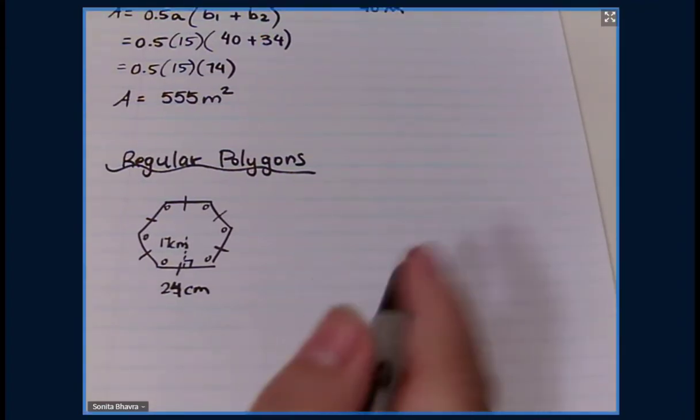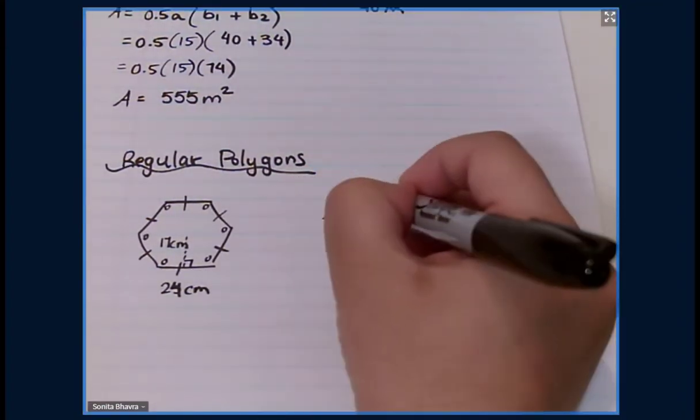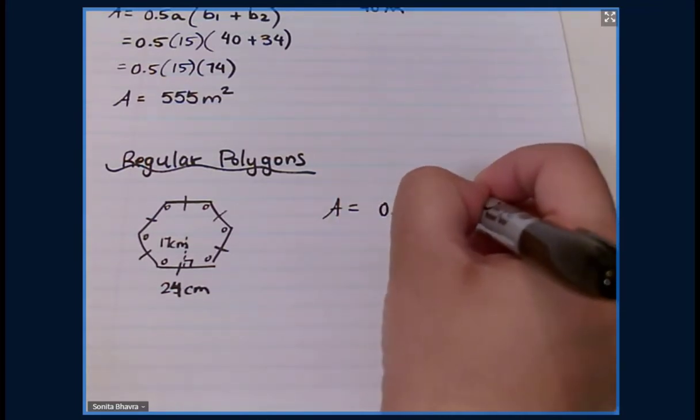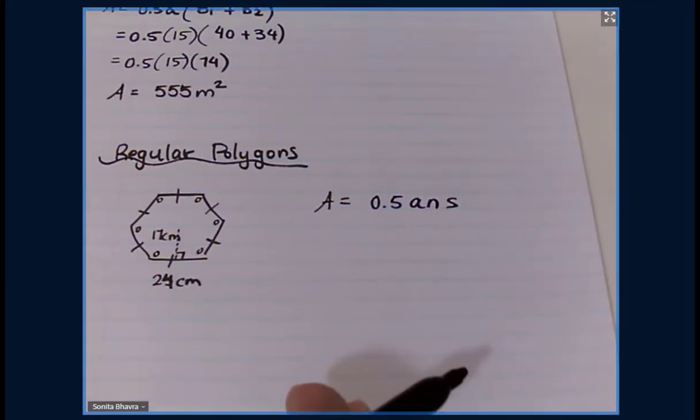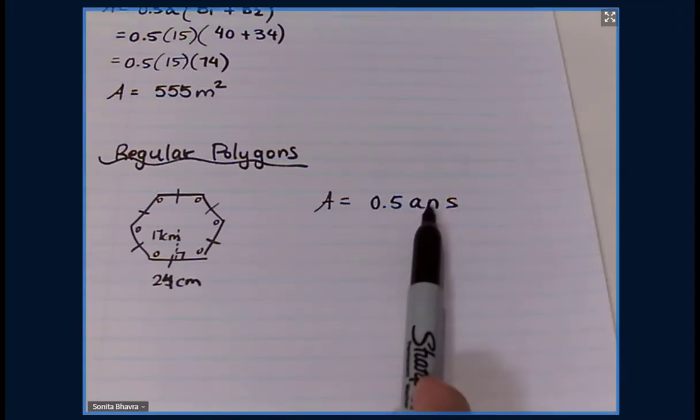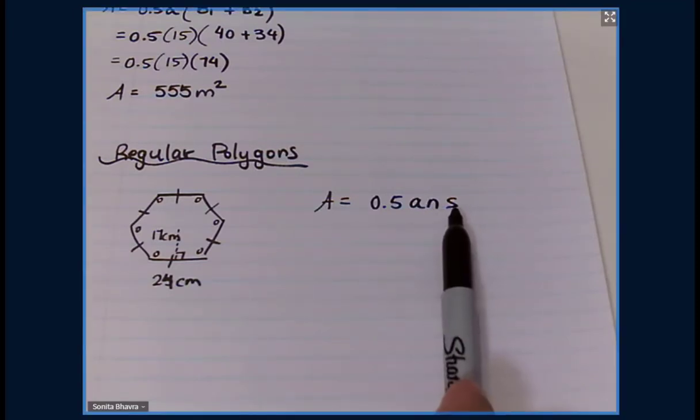So the formula is 0.5 ANS. Here A still represents altitude or height, the N, like we saw before in perimeter, represents the number of sides, and S is the measurement of the side.